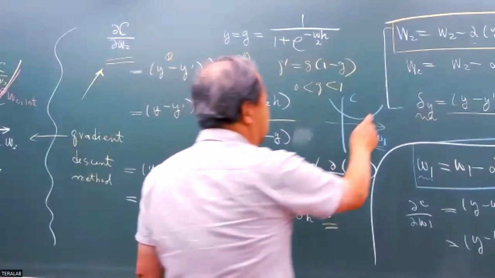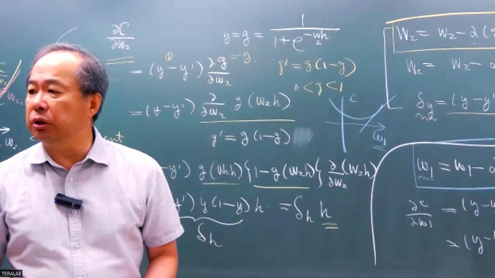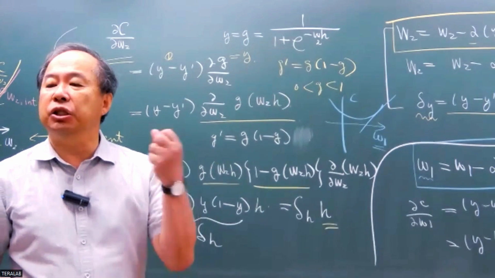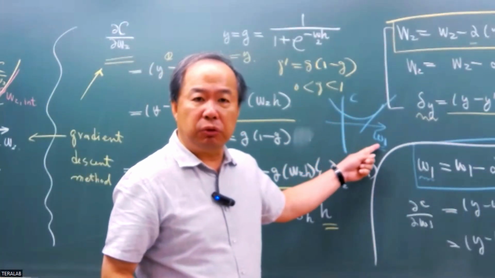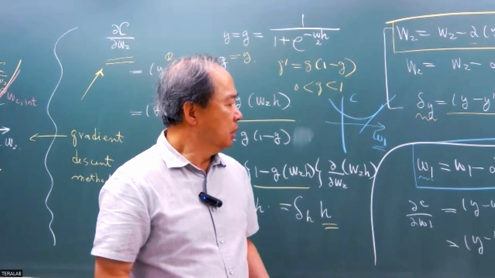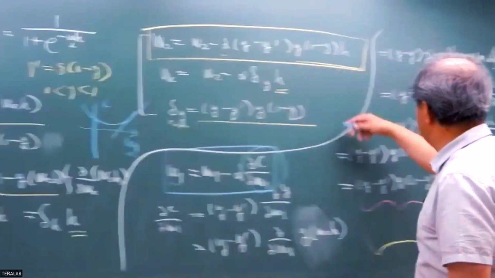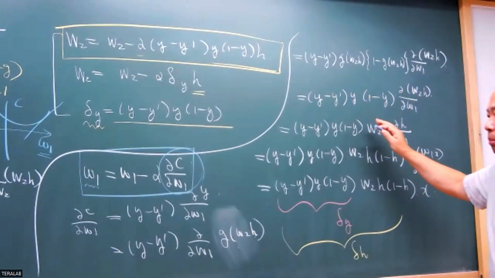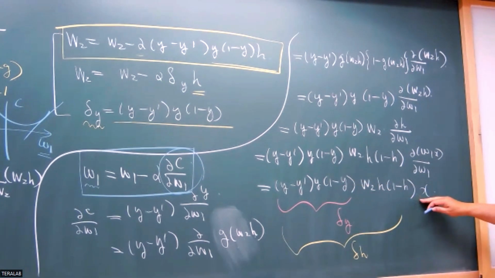So in order to do that, we have to be able to derive the equations to tell the slope of this cost function with respect to W1. So after some board processes, we reach a point of this equation.